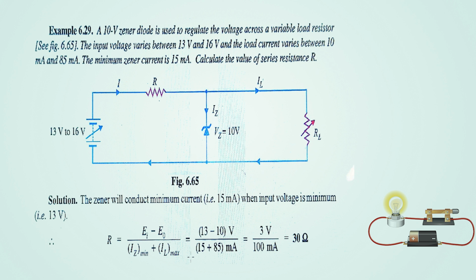The maximum current which can flow is 85. So, the value comes out to be 13 minus 10 divided by 15 plus 85, which is 3 divided by 100 milliampere, and from this we obtain the value of R as 30 ohm.